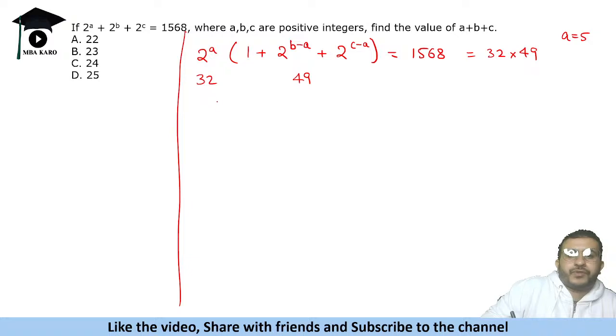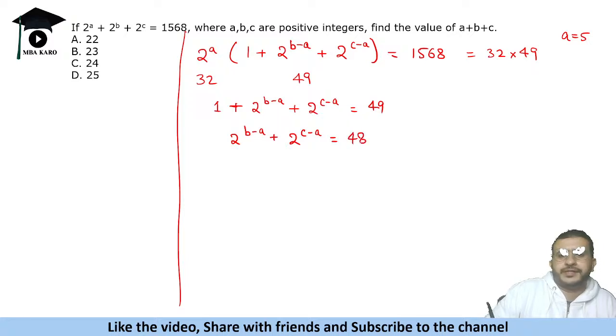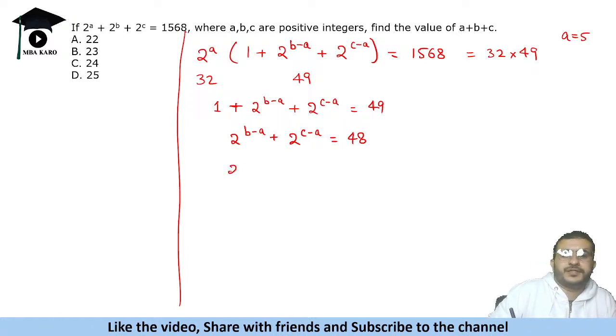Now 1 plus 2 to the power b minus a plus 2 to the power c minus a is equal to 49. This means 2 to the power b minus a plus 2 to the power c minus a is equal to 48. Now, this gives us a is 5, so we can divide by 32.